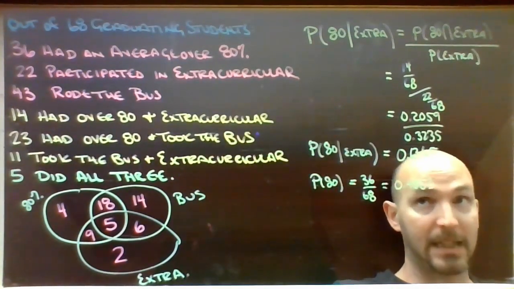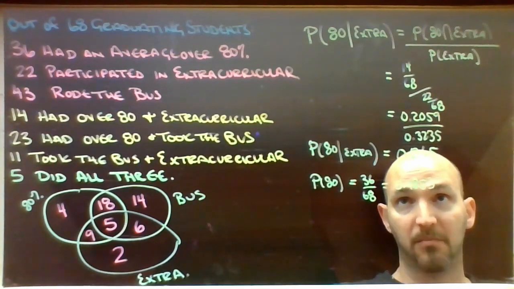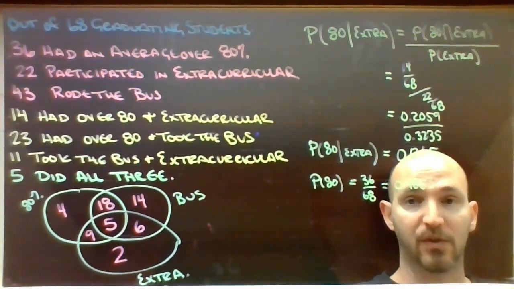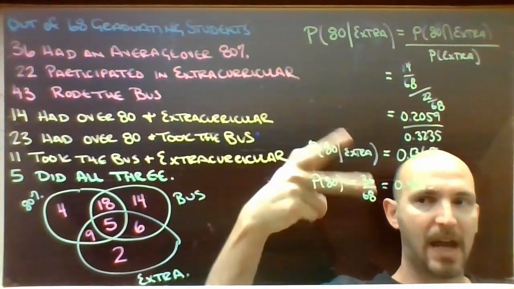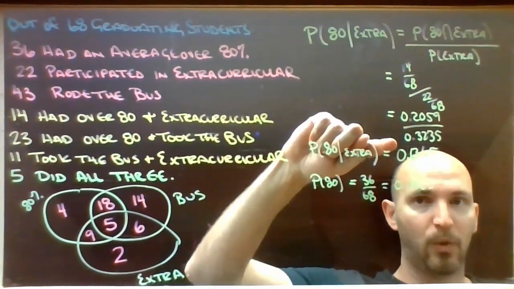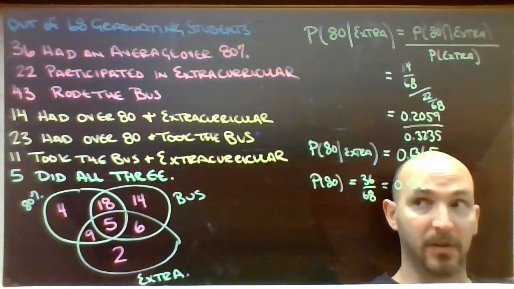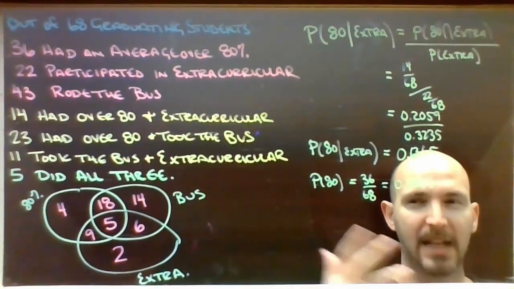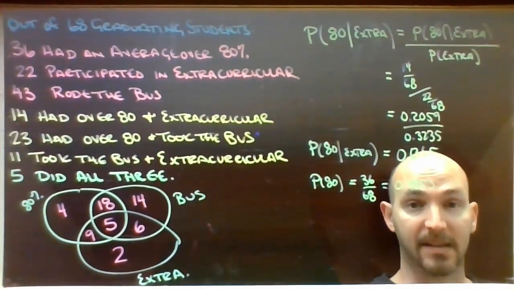So if we were to do this again with the probability of taking the bus, given you participated in extracurricular activities, I would expect that the conditional number would be lower than the probability in the general population. So that's how Khan Academy was testing for independence.